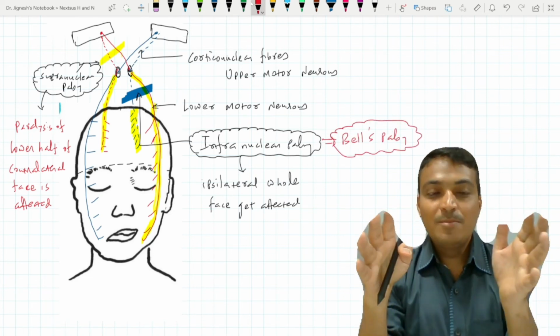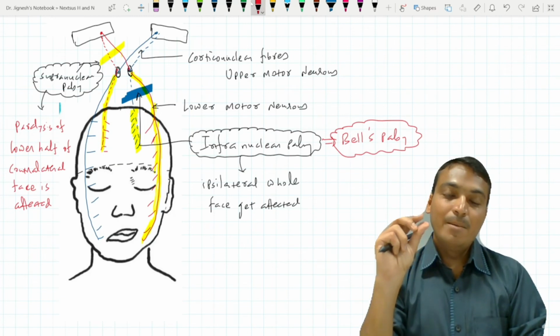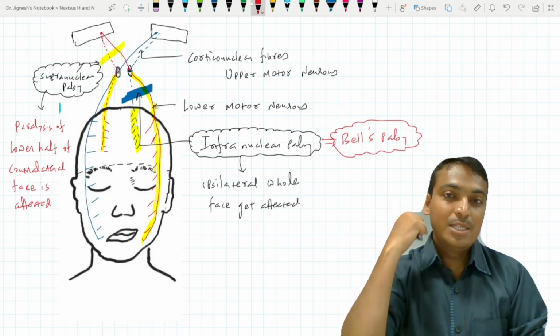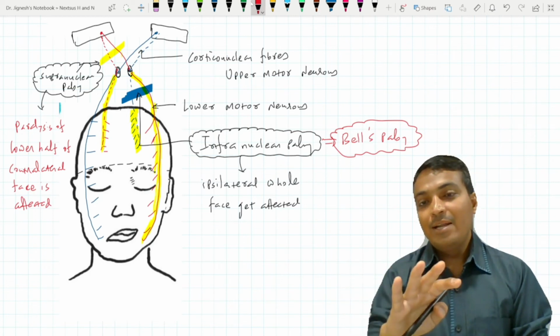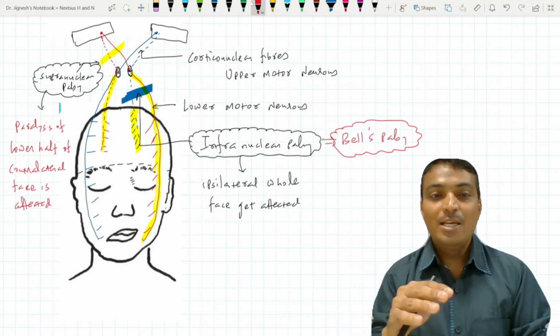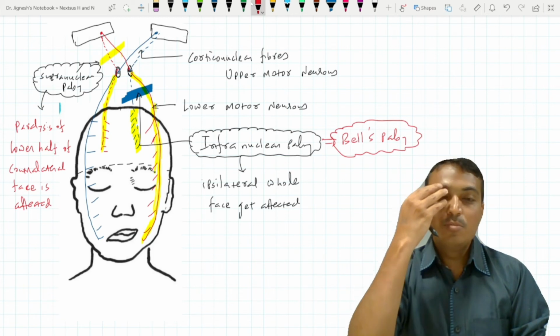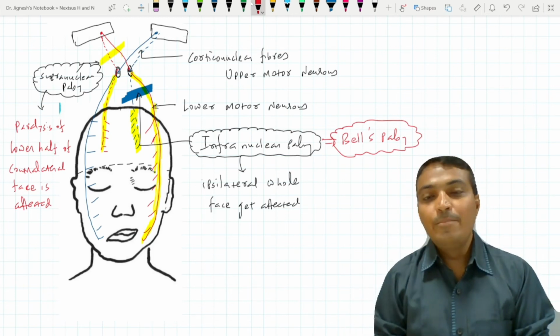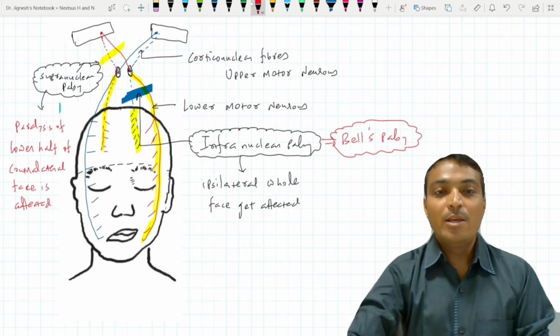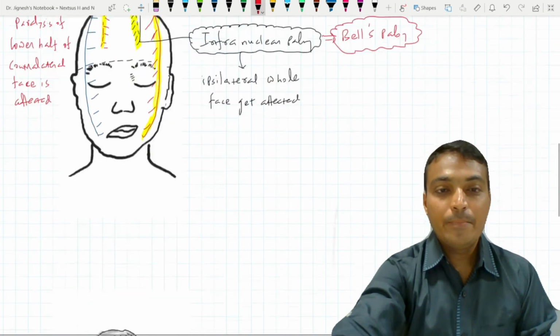The cause of this Bell's palsy is mostly compression of the facial nerve when it passes through the stylomastoid foramen or within the facial canal. And this compression of the facial nerve will lead to paralysis of the same sided facial expression muscles. Now let's move on to the symptoms of this Bell's palsy, or the infranuclear palsy.